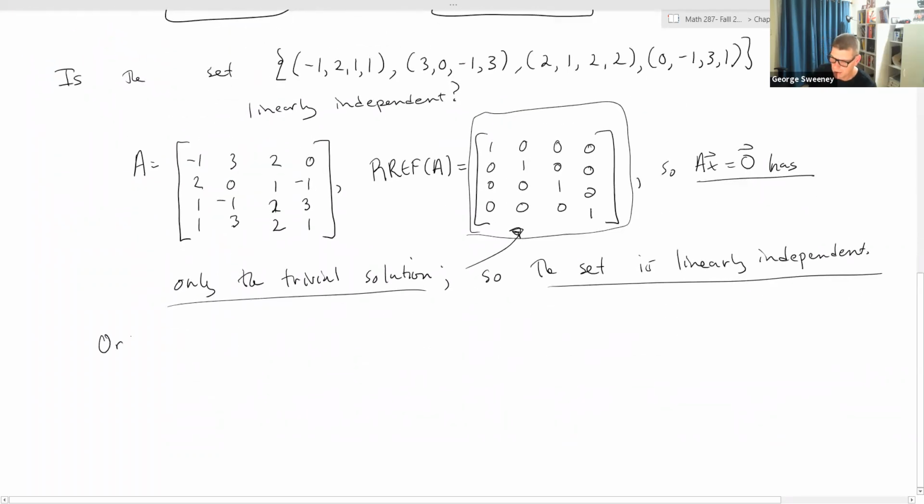Or we could skip the Ax = 0 has only the trivial solution, because we have A, so we wrote A. A is square. Everybody see that?